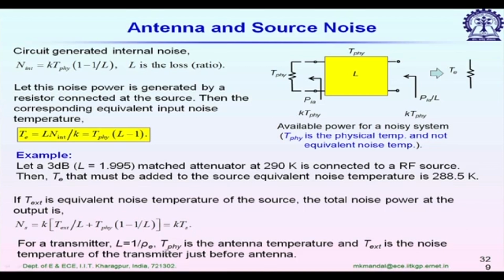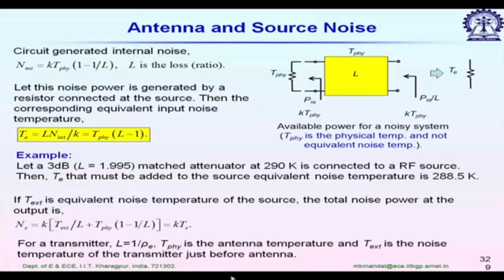Now, consider one antenna which is connected to a transmitter. Antenna will have some efficiency. Let us say antenna efficiency is given as 90%. Then if any power we feed to the antenna, it will be attenuated by the antenna, and this value can be given by that 90%, or as a fraction 0.9.